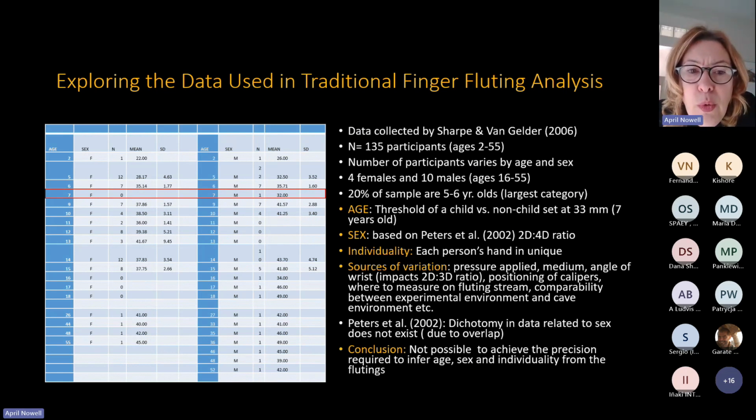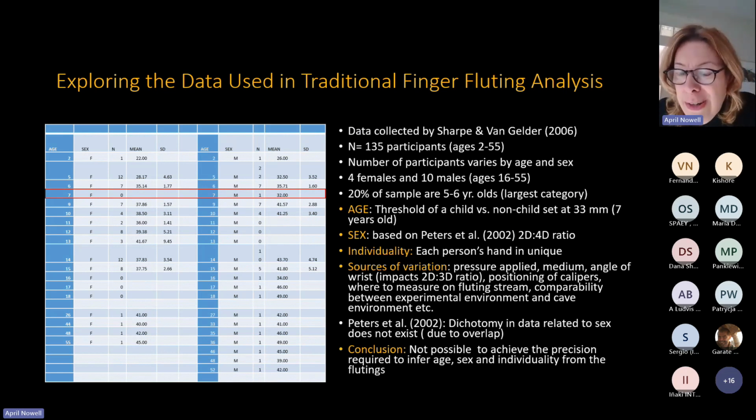And so when we looked more broadly at these experiments and at the sources of variation, we realized that there are some issues: the width of the finger fluting created by those fingers can really change based on, for example, how much pressure is applied, what kind of medium.